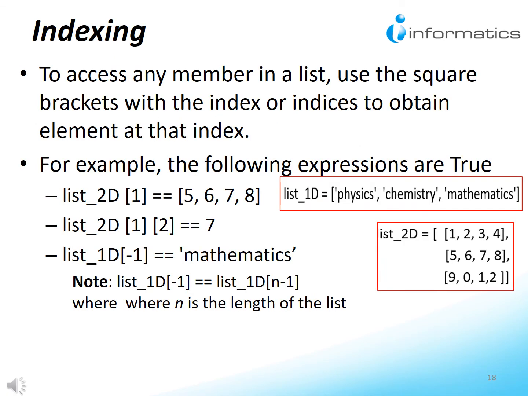Indexing. To access any member in a list, use the square brackets with the index or indices to obtain the element at that index.